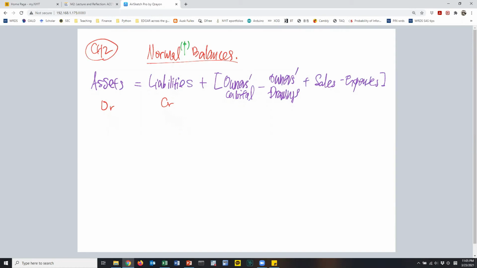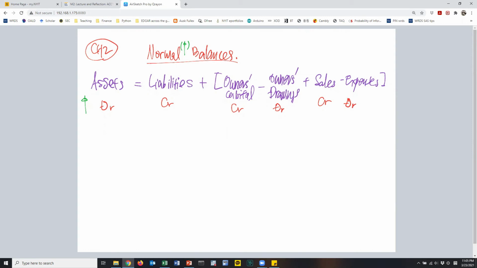Follow me. So where is owner's capital side then? As you can see, it's credit side, debit side, and debit side. What I am discussing is when an asset is increasing, it's the normal balance, or we say that normally an asset is recorded on the debit side, which is the left-hand side.